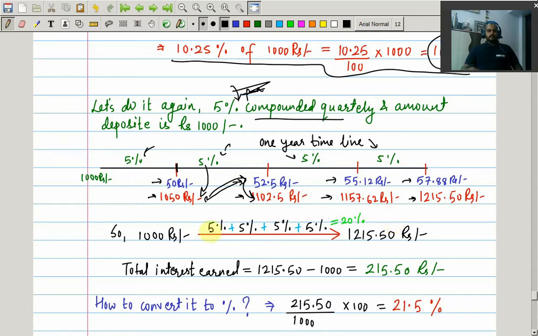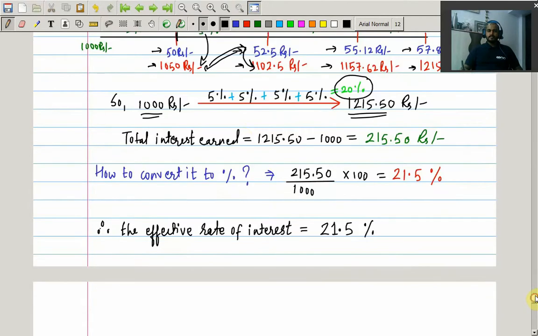My question is, this 1000 rupees grows to 1215.50 paisa, just by taking 4 times 5% interest. Normally, usually I'm going to say this is equivalent to 20%. No, this is not equal to 20%. Then what is the effective rate of interest which gives me the same interest money at the end of the year?